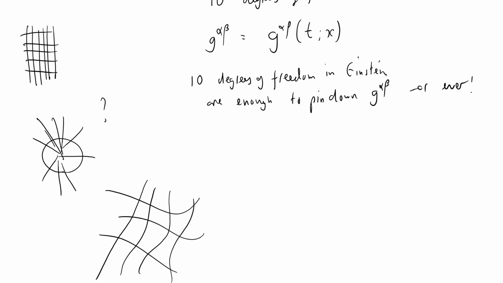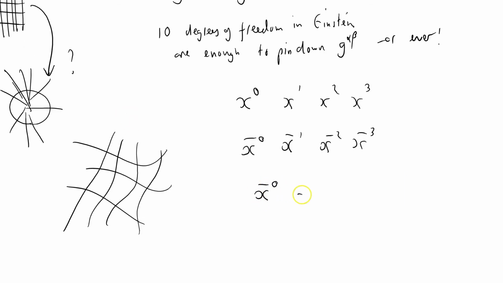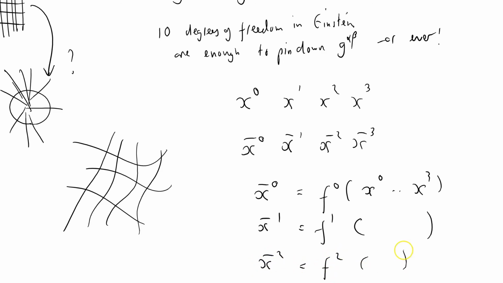If we think about a coordinate transform, let's consider x0, x1, x2 and x3, and I want to transform to x bar 0, x bar 1, x bar 2, x bar 3. Well, I might say that x bar 0 equals f0 of x0 through x3. x bar 1 equals f1 of the same things. x bar 2 equals f2.